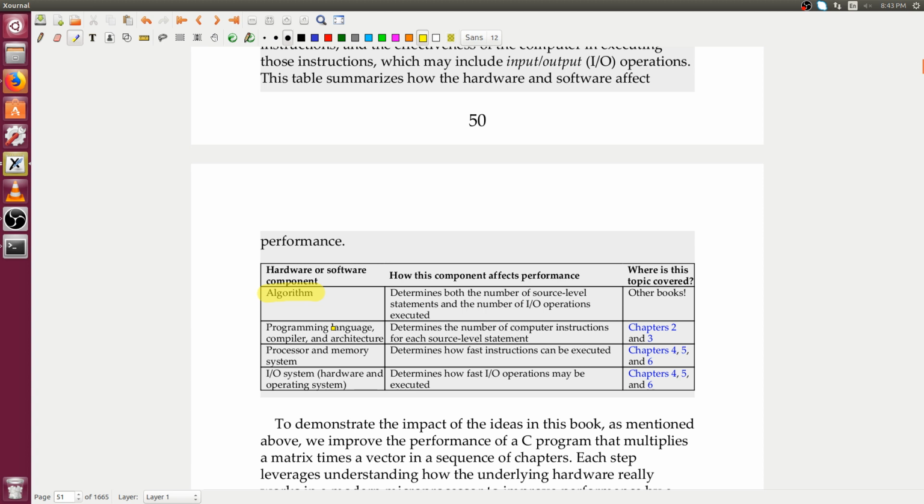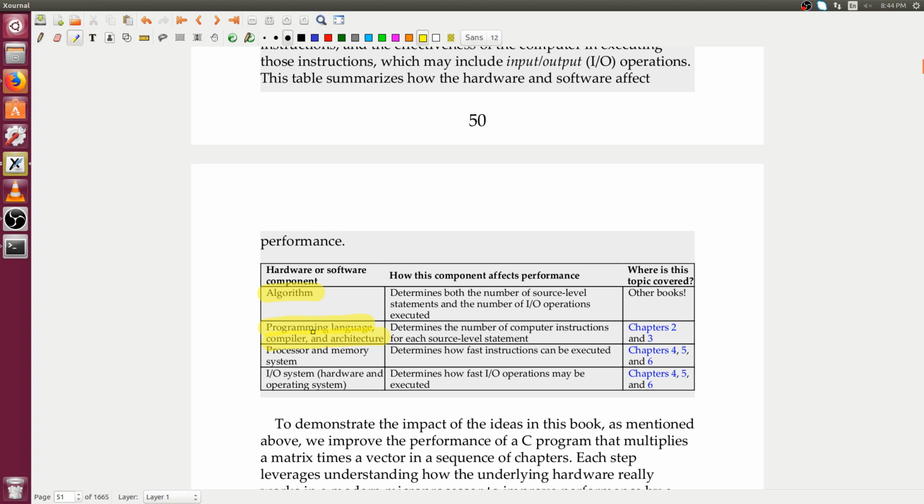And then after that, we have the programming language, compiler, and architecture. Now, it may seem a little confusing right now why we have architecture and compiler in the same box. But it's really impossible to have these two separated, because what happens is you write a program, it goes to the compiler.